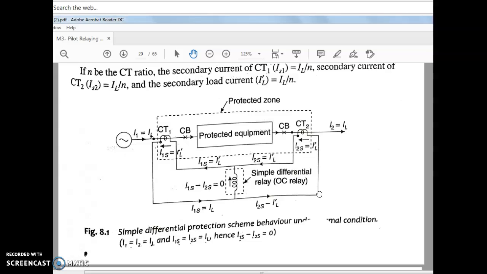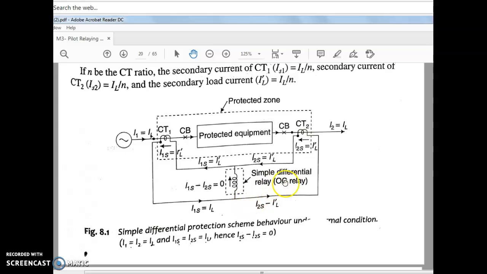The figure shows the combination of two CTs and the overcurrent relay action. The overcurrent relay operating coil is connected here in the middle. The normally open contacts of this overcurrent relay are wired to trip the circuit breakers. When it detects a difference signal, it sends the signal to the circuit breaker, and the circuit breaker trips the circuit.